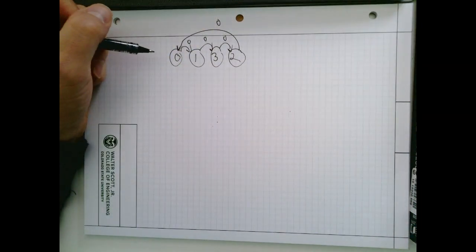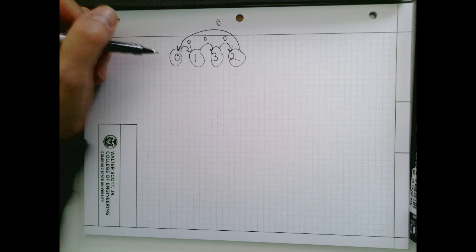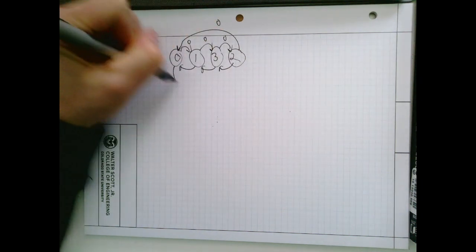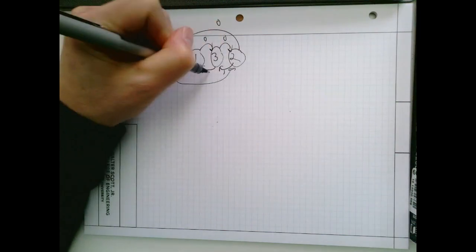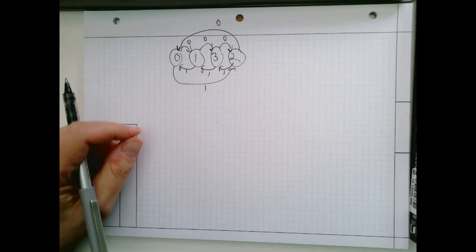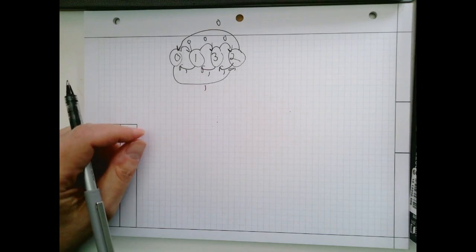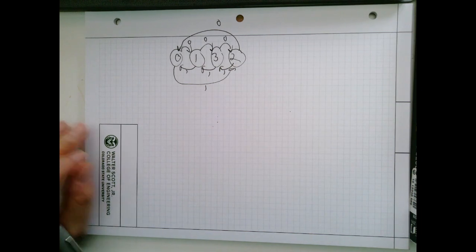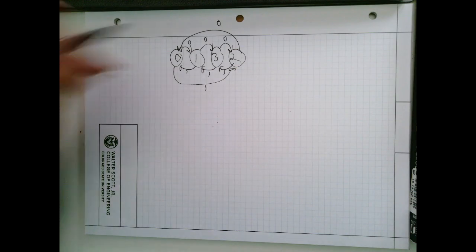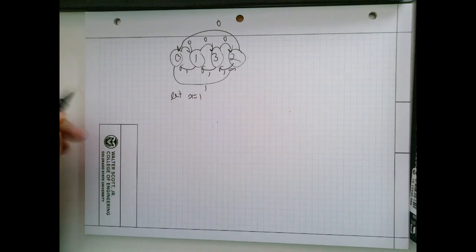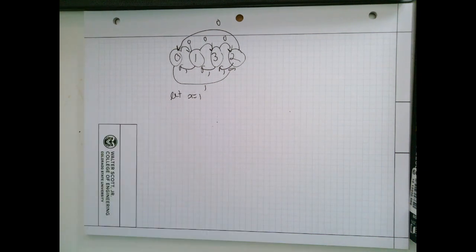So that's a simple counter, even though it's not counting sequentially. Now it's a complex counter because it depends on its inputs. Suppose the input is x and we let x equal 1. What is the output going to be?